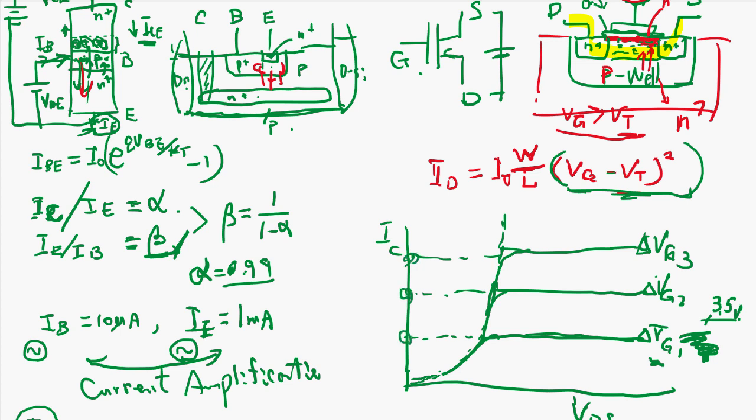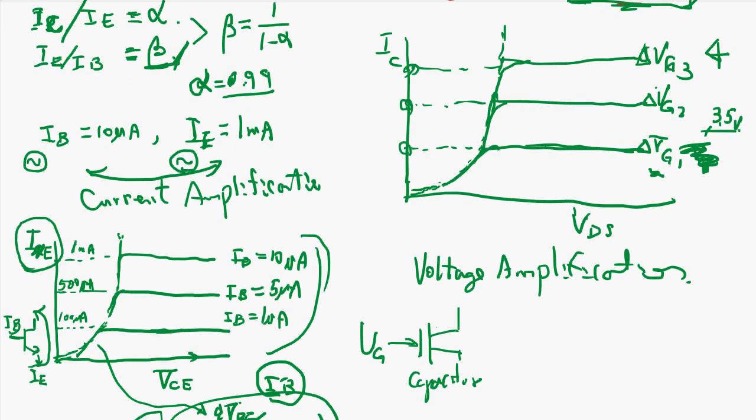There are three different current levels, depending on the gate current. So for the MOSFET, gate voltage controls ID. For the bipolar, the base current controls the IC, the current flowing through the device.